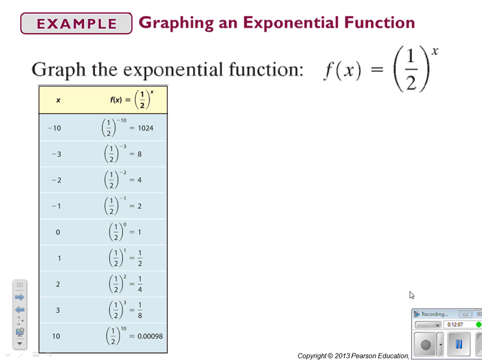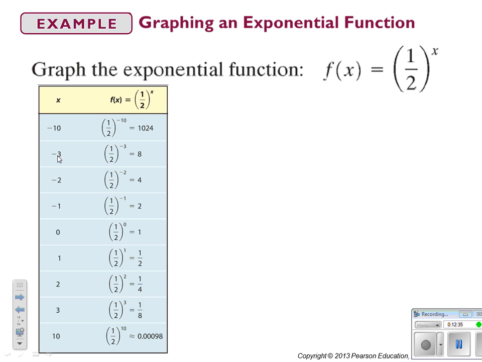All right, so if we're going to graph an exponential function, we're going to take a look at f of x equals 1/2 to the x power. Now we have a situation where our base is less than 1, but bigger than 0. In this instance, if I raise this to the negative 10 power, I'm at a giant number.